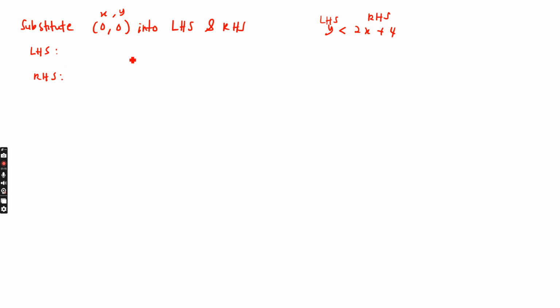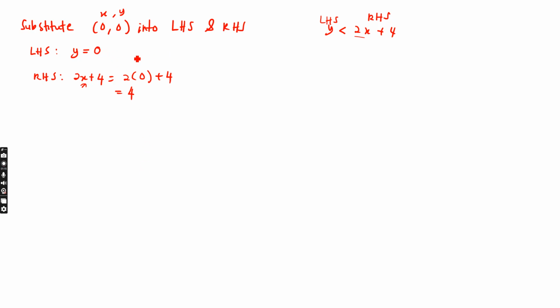So for this one, the left hand side is y. We substitute the value of y from the point, which is 0. So y is equal to 0. Now we have 2x plus 4, so substitute the value of x inside this: 2 multiplied by 0 plus 4, which equals 4.